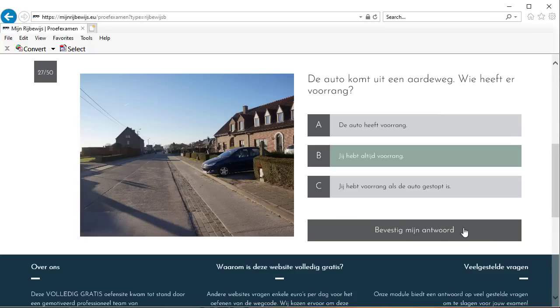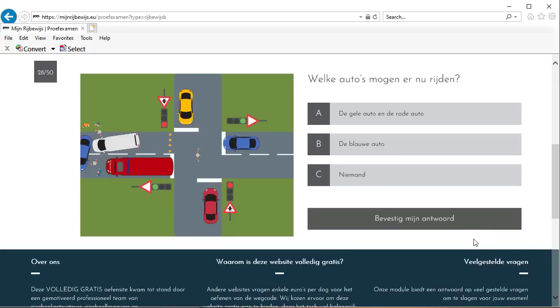Which cars are now allowed to ride? Option A is the green car and the red car. Option B is the blue car. Option C is no one. The right answer is the green car and the red car. See, there is a policeman, and he has his arms in the horizontal direction.